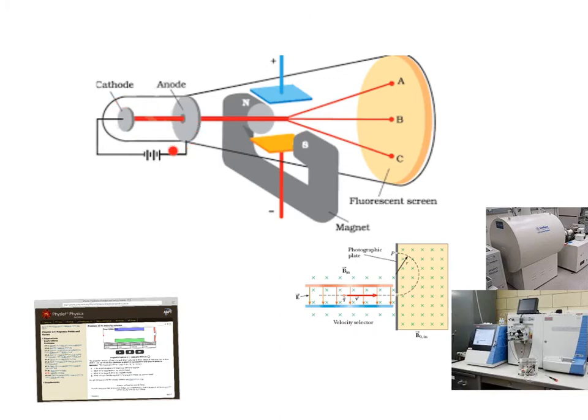I did download this picture, so I'm going to show you this one. So in this case, the cathode is the negative plate. You can tell from the battery. Notice the battery voltage. This is a negative plate. This is a positive plate.